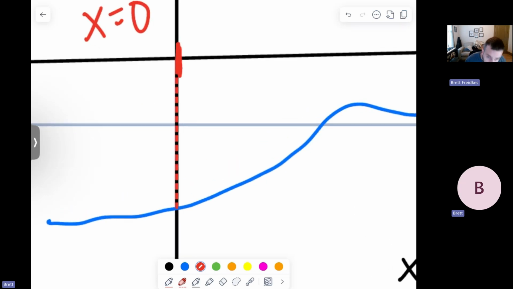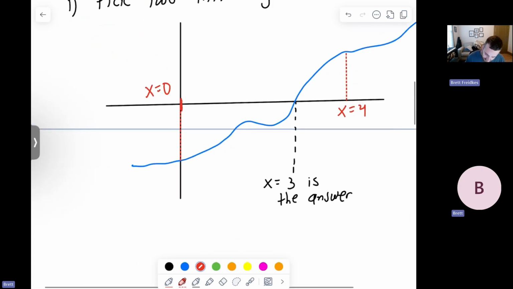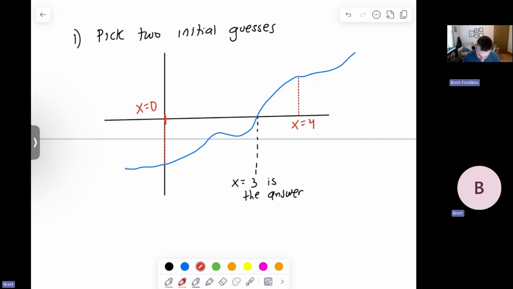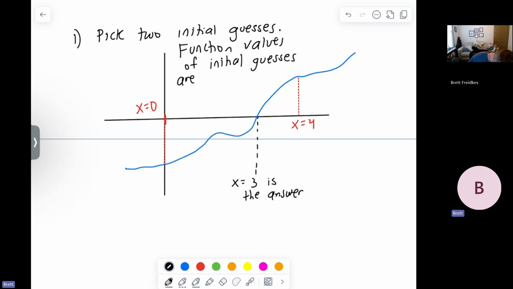You can see that I drew a red dashed line there to signify that our initial guesses for the root correspond to certain function values as well. But what we need out of these two initial guesses is that the function values of the initial guesses are opposite signs. What do I mean by that?